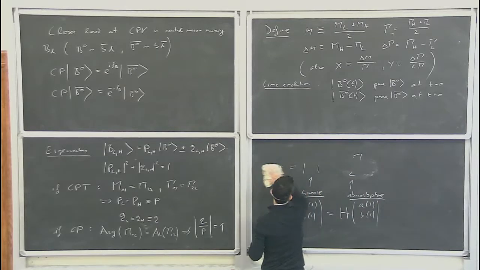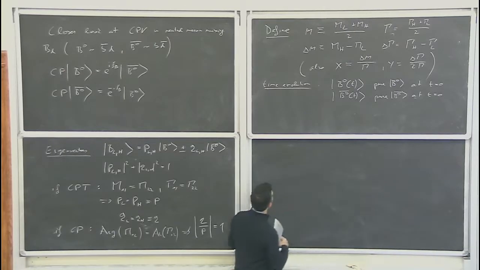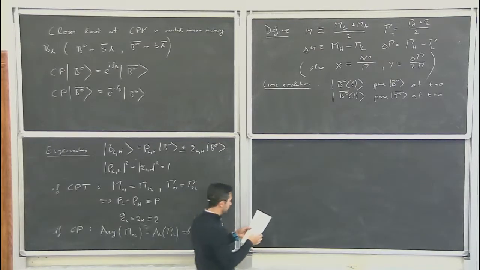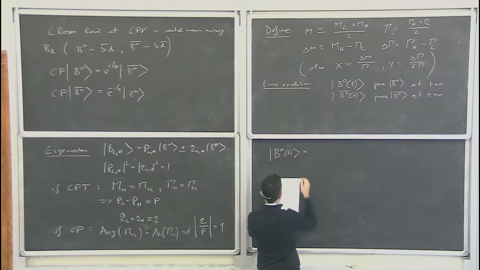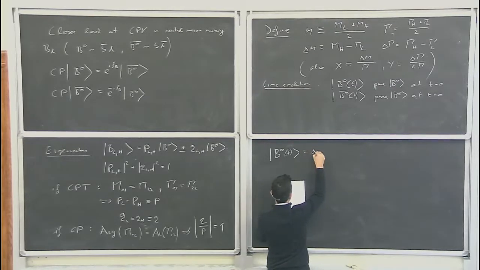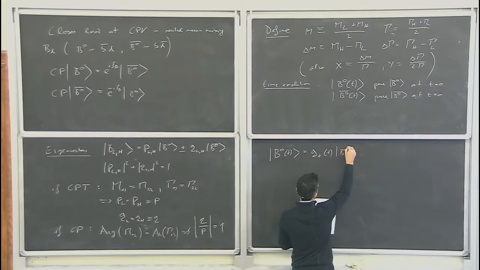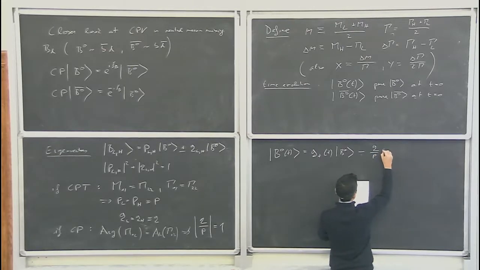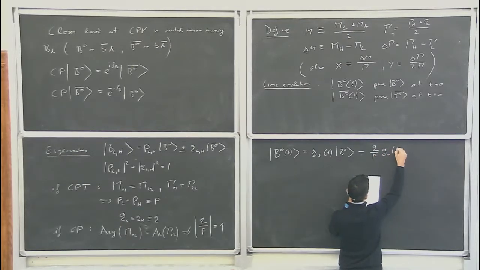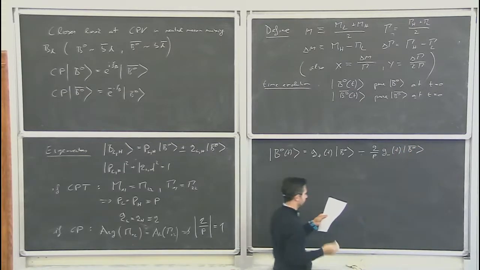With these definitions, I can now write out the time evolution of B naught of t and B naught bar of t. In particular, I can write B naught of t as g plus of t times B naught, minus q over p times g minus of t times B naught bar.